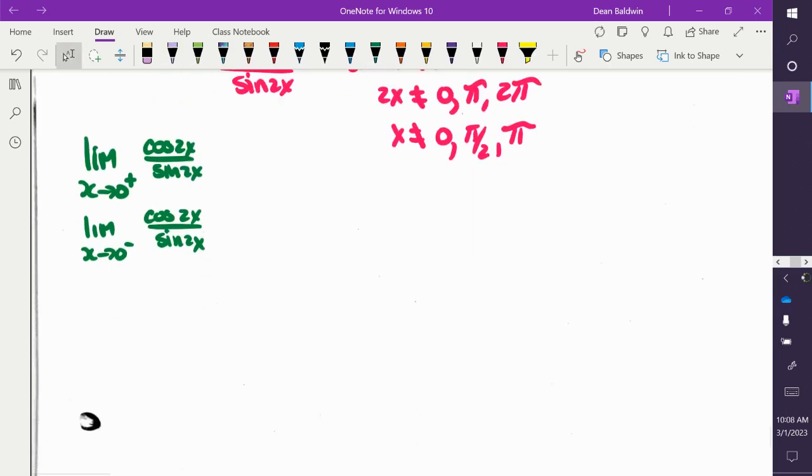Then we have to do it as we approach pi over 2 from the negative side and the positive side. And then we have to do pi.